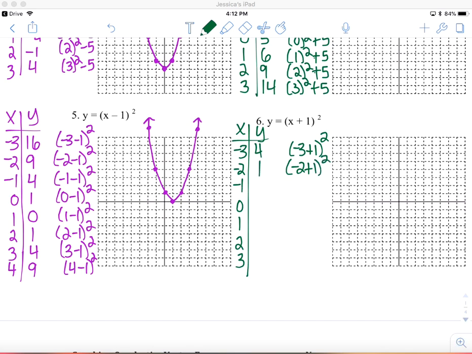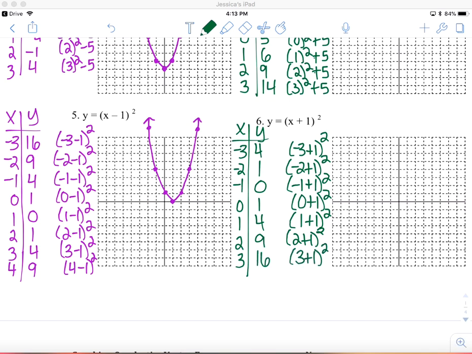Negative 1 squared is 1. Negative 1 plus 1 is 0. 0 squared is 0. 0 plus 1 is 1. 1 squared is 1. 1 plus 1 is 2. 2 squared is 4. 2 plus 1 is 3. 3 squared is 9. And 3 plus 1 is 4.